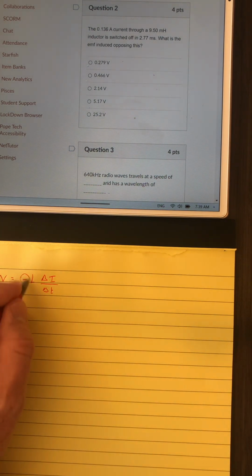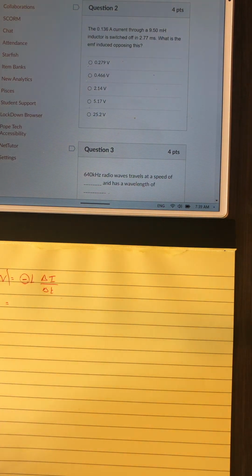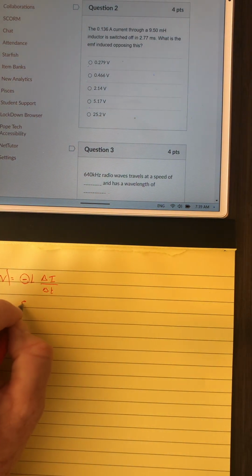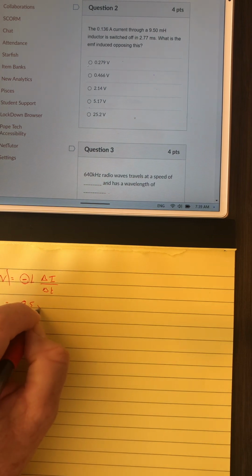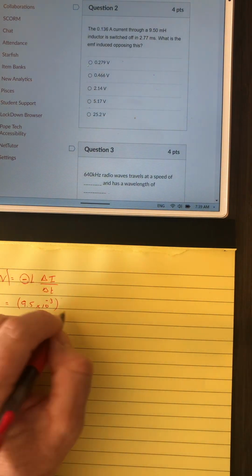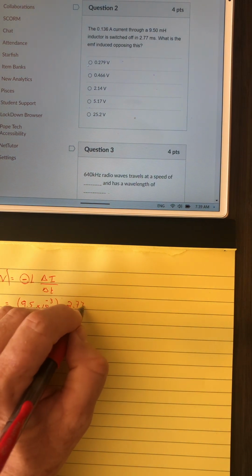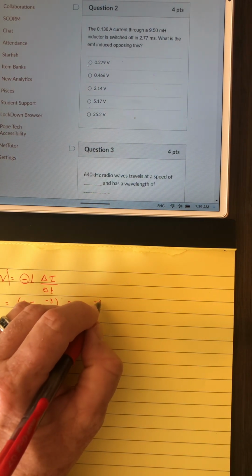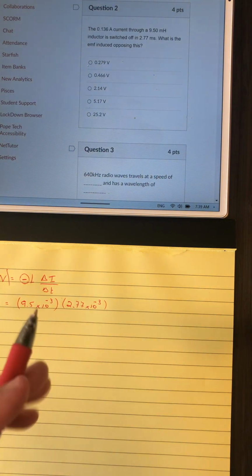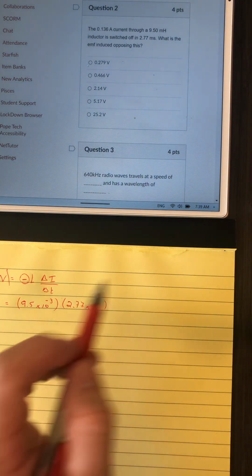Not worrying about the minus sign, let's just do absolute value. The inductance they have as 9.5 milli. The change in current is 0.136 amps, because we're switching it off, so it would go from this value down to 0.